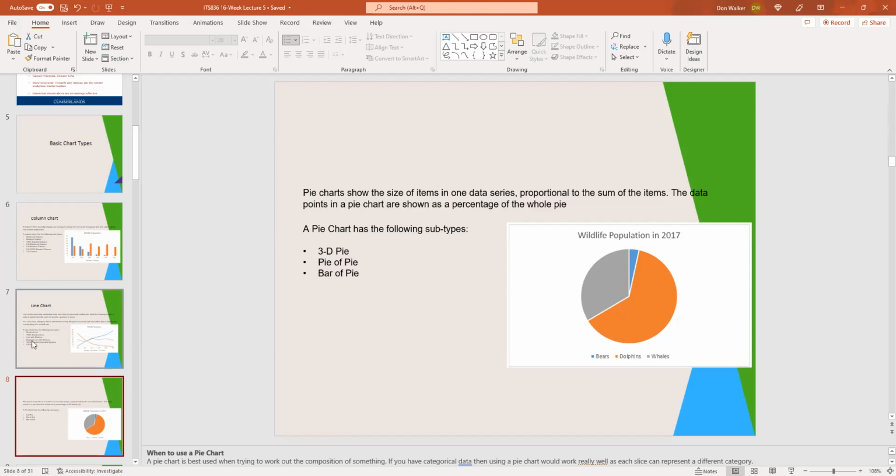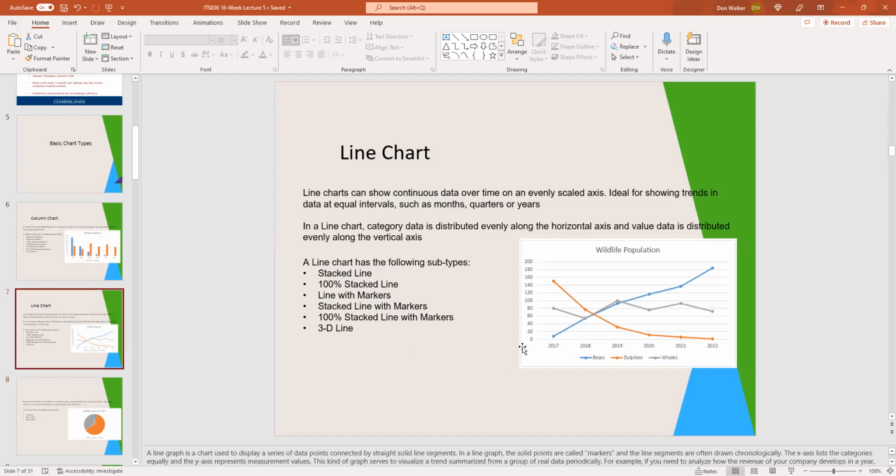One thing to show back on the line chart, you'll occasionally get series that are a different scale. These are all in the same scale: bears, dolphins, and whales. Sometimes your tool will put an extra y scale on the right, if you're just doing two variables.